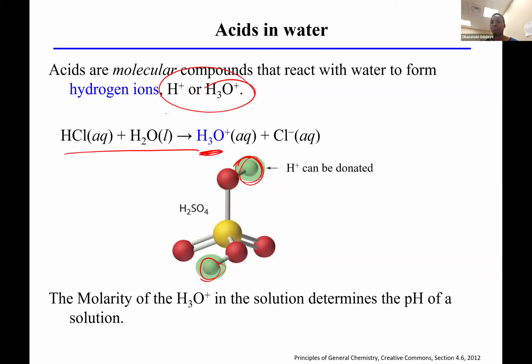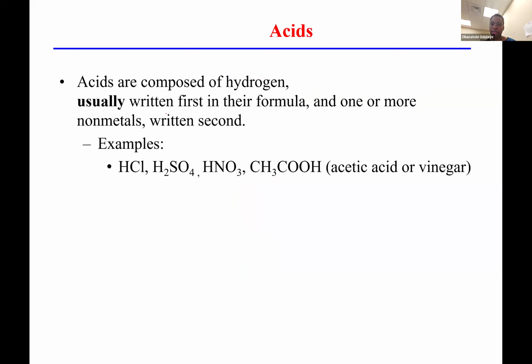They're essentially the same. The H3O+ just indicates that it's in water. And when we figure out the molarity of that, that's where we get pH from. We're not going to talk about pH in this class or how to calculate it, but that's where pH comes from. It's the amount of hydrogen ions in solution. Okay, again, acids typically we write with H first. Acetic acid is an acid, but that is written with the H at the back of it.